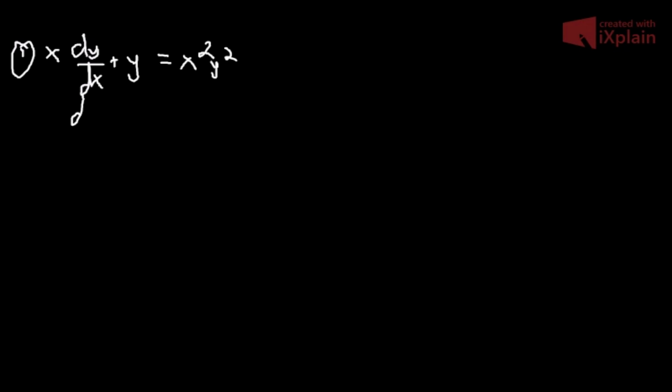So that means we will have dy over dx plus y over x equals x y squared. Why? Because we have divided throughout by x.